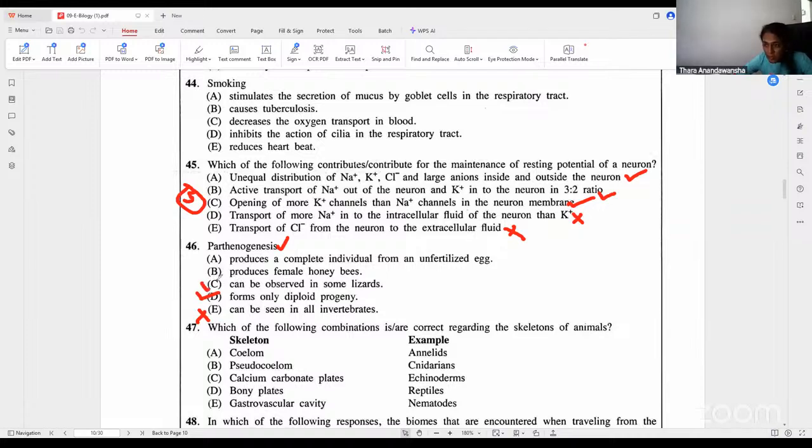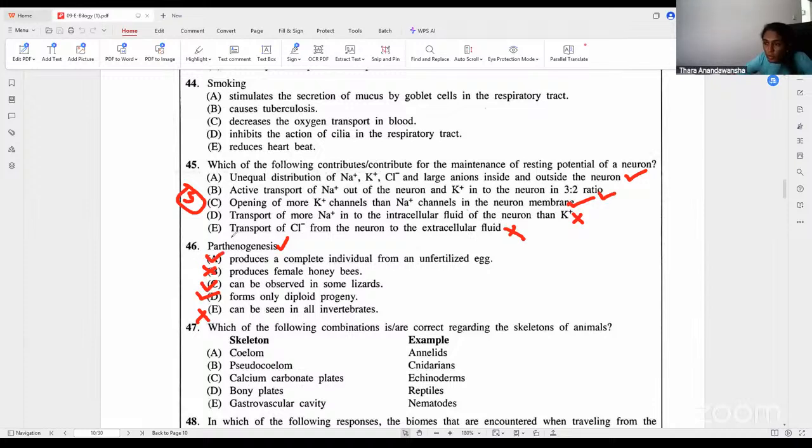Some lizards also show parthenogenesis. Produces male drones, not female honeybees. Produces a complete individual from an unfertilized egg. Correct. So here A is correct.